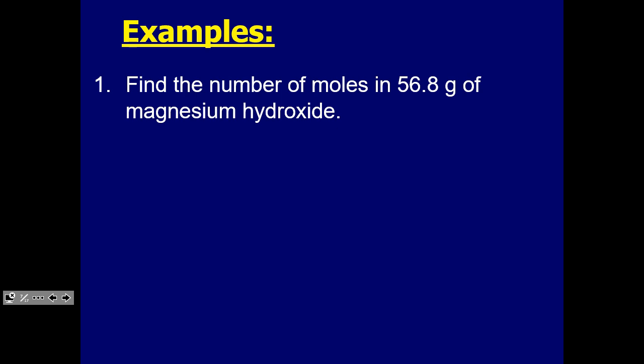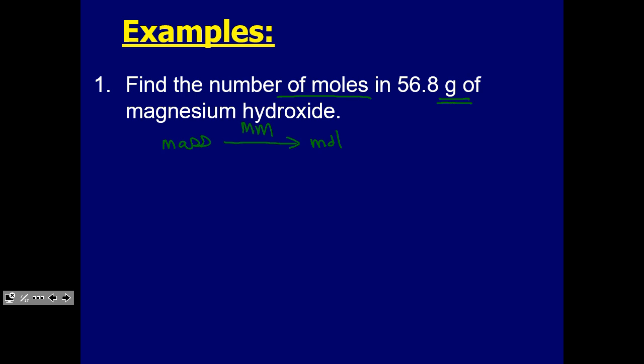So when the question asks, find the number of moles, and I'm given grams in mass, I will quickly write down the fact that I'm starting with a mass and that I want to find moles. And whenever I have mass and I want to find moles, I need that number that links mass and moles, and that number is the molar mass. All right?